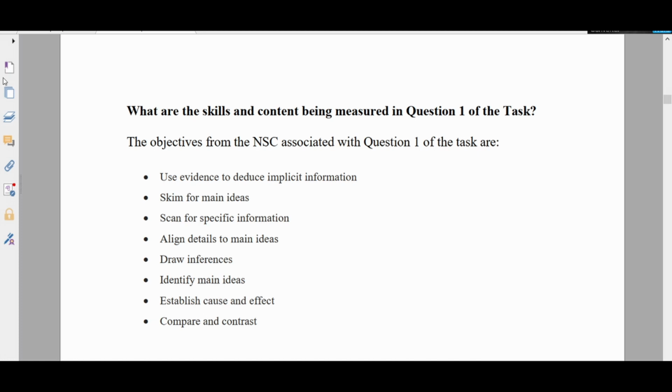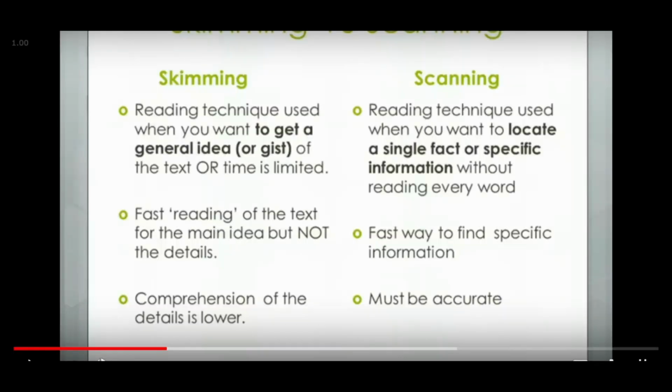Then you need to skim for different ideas, right? And scan for specific information. So we have skimming and scanning. Those are 2 very important things that you need to know how to do. And I remember sharing this video with you, and if you look here, skimming versus scanning. Skimming is a reading technique used when you want to get a general idea or gist of the text or time is limited.